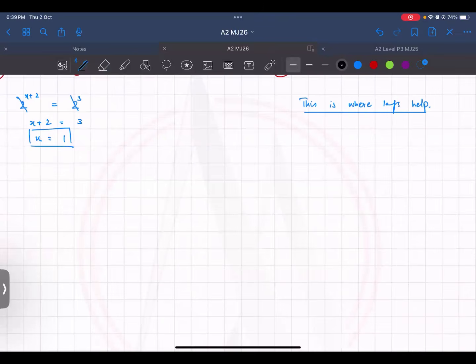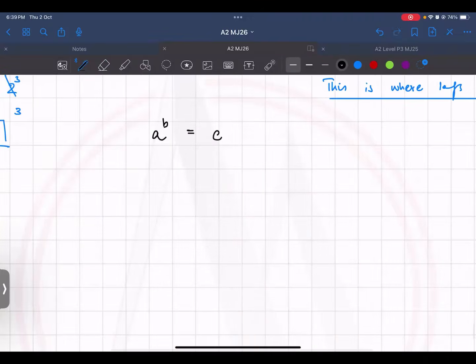So a generalized format, let's suppose it is a power b is equals to c. You can know this is an exponential equation. This is called the base, this is the power, and this is your answer.